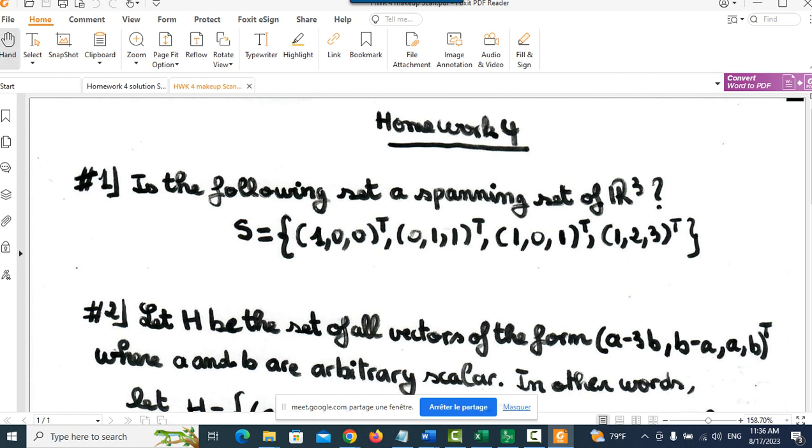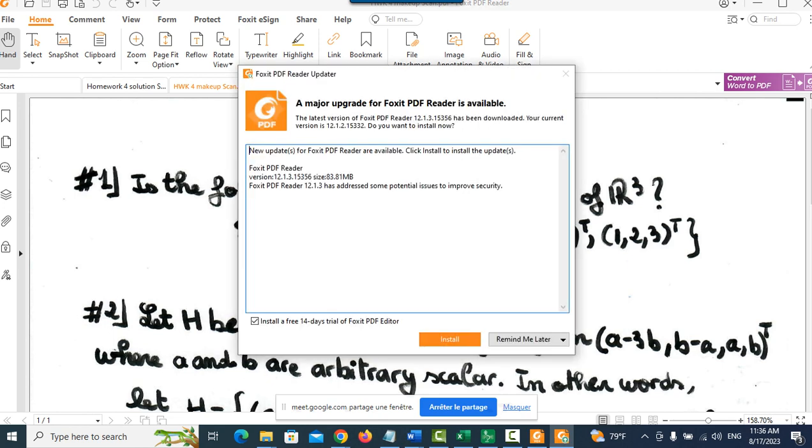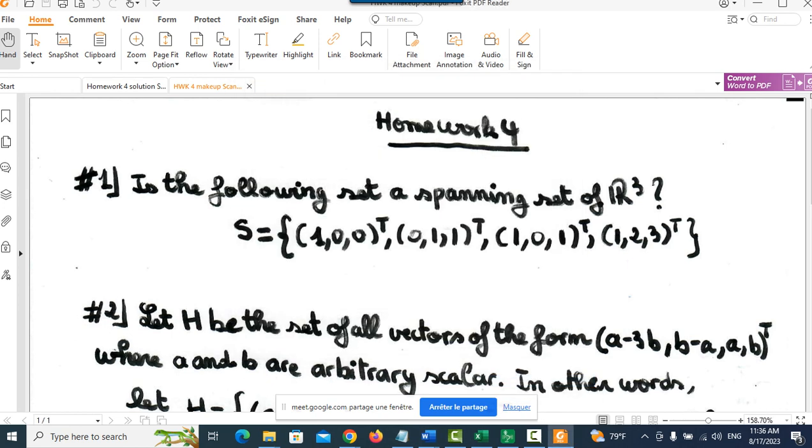Now here the question is, you have this vector space R3. Is this set a spanning set of R3, meaning can we write vectors as a linear combination of the vectors in this set?